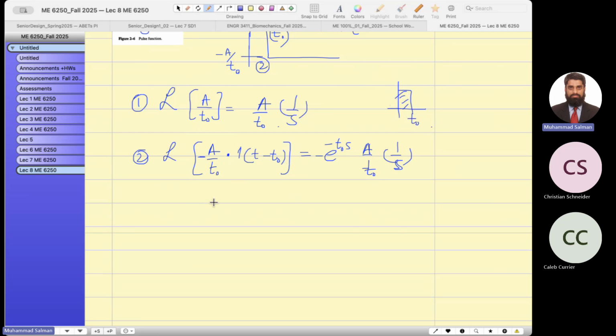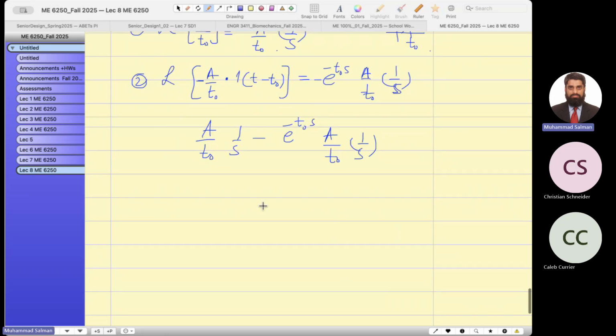So let's add these two functions together. A over t naught 1 over s minus e to the negative t naught s a over t naught 1 over s. So can I write this down like this? A over t naught s is factored out, so 1 minus e to the negative t naught s. So this is the Laplace transform of a pulse function of width t naught.